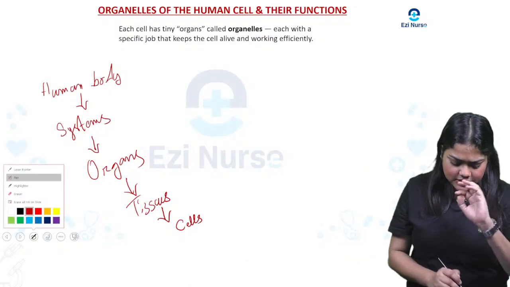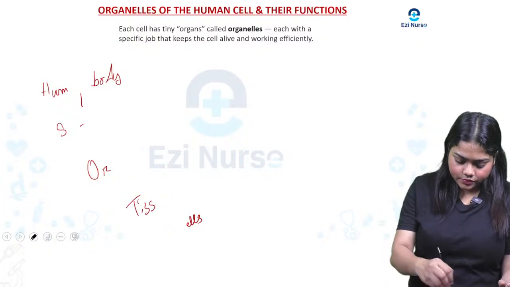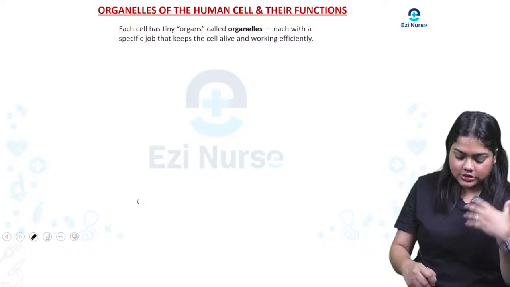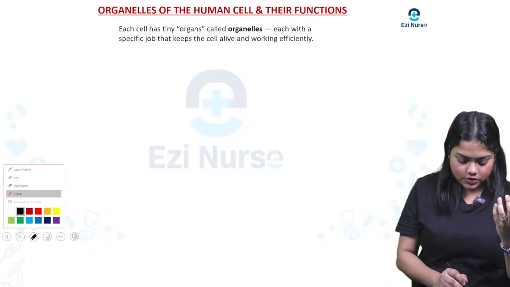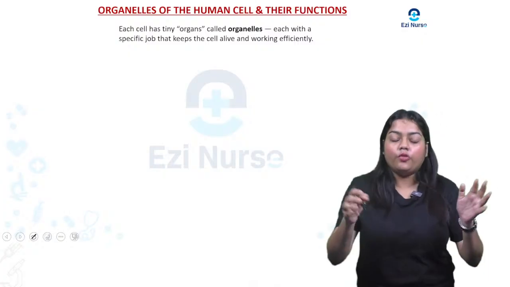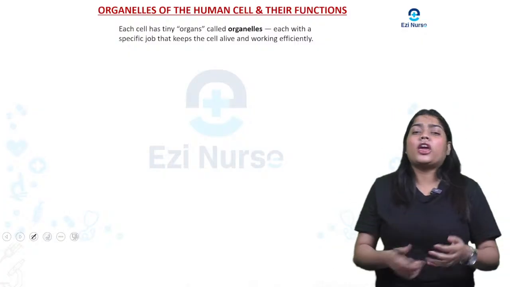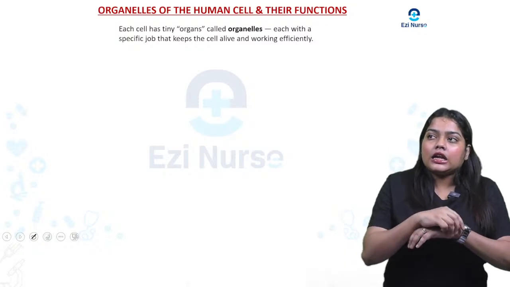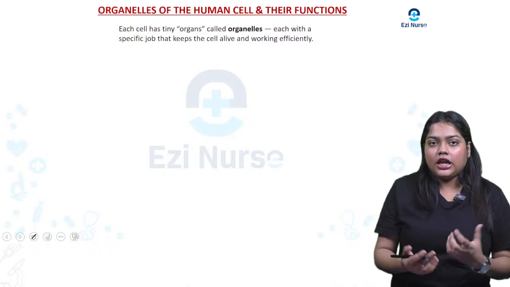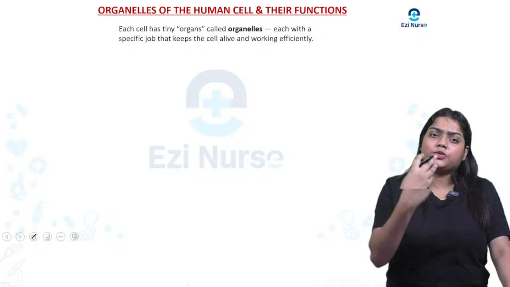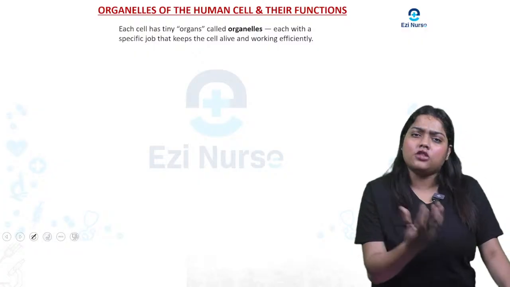Understood, right? This is a very easy concept. You don't have to memorize it, but just remember the core concept, so that whenever the question comes, you can explain it by yourself. So what are organelles? Organelles are completely different. When we are counting different organs in a human body, we call them parts which have a specific work, we call them organs.